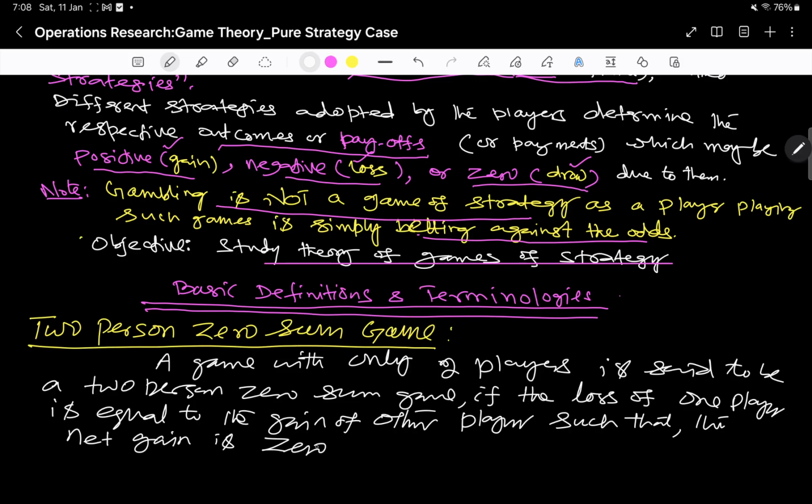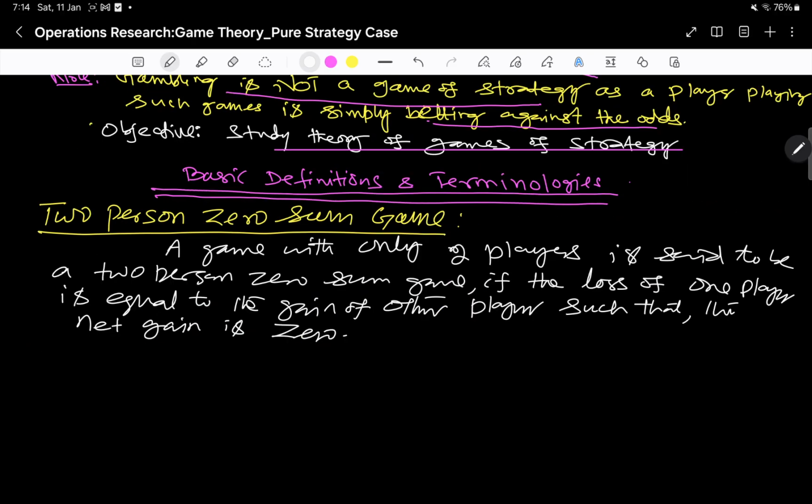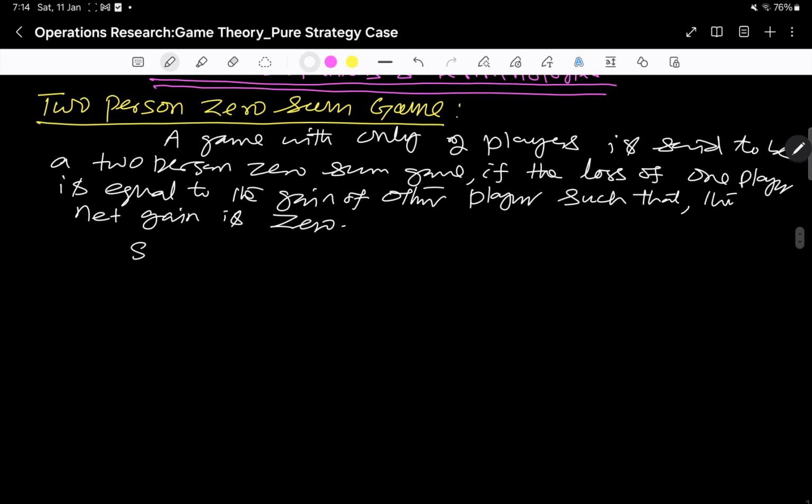Right? Suppose there are two players, A and B. A is having m strategies.